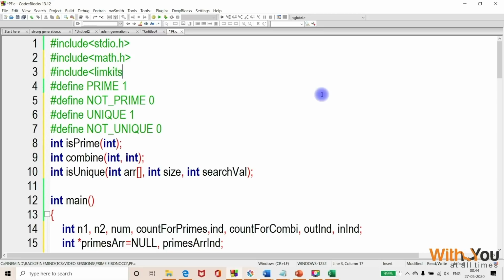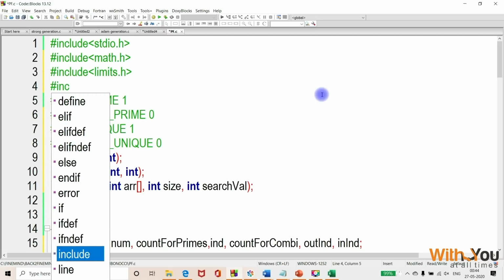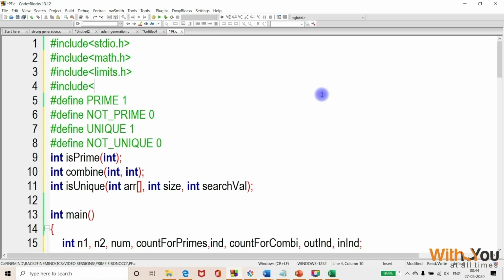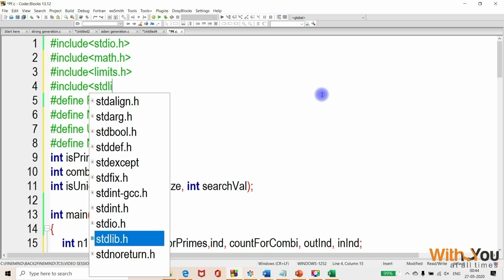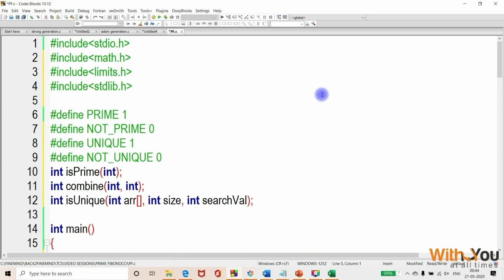As we are here, ladies and gentlemen, let's just also add hash include malloc.h or stdlib.h. If anybody tells you header file has got all the functions, punch them on the nose. Header files do not have any functions.